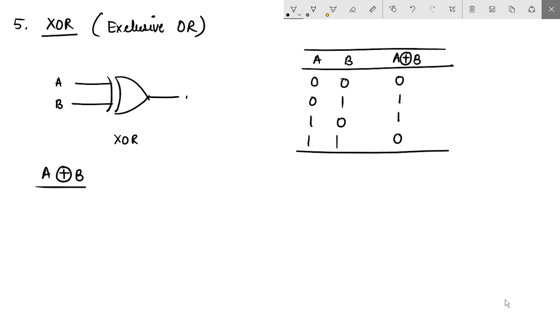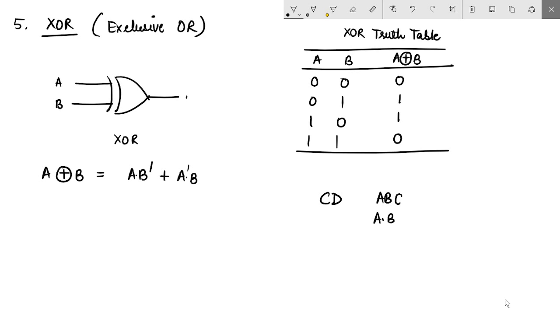The next video lecture, which is coming up on how to write a Boolean function from a truth table, you will understand that XOR operation can also be written as A B bar plus A bar B. And there is AND between these two. Whenever you see in Boolean algebra, you see things like CD, ABC, it means it is A dot B dot C, means A and B and C. Okay?